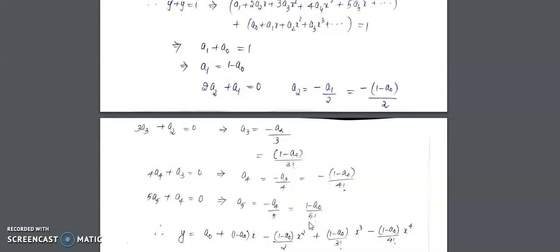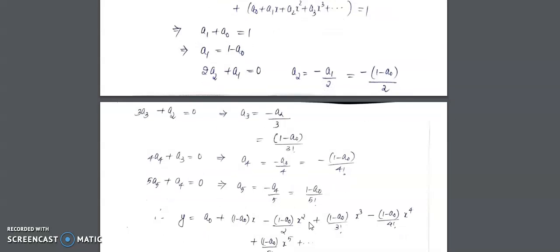Okay, so now let us write down the solution. So y will be a0 plus a1, which is 1 minus a0, times x, then a2 is minus 1 minus a0 by 2 x square, then a3 is 1 minus a0 by 3 factorial times x cube, then minus 1 minus a0 by 4 factorial into x raised to 4, then you have a5 into x raised to 5 plus etc. So you can see that 1 minus a0 is common in these terms.